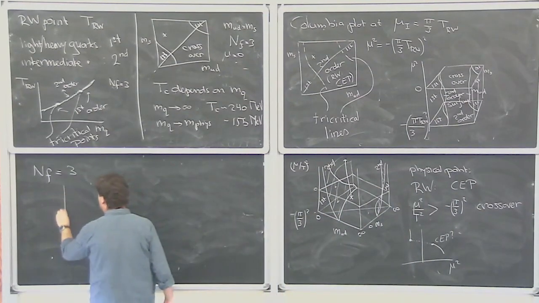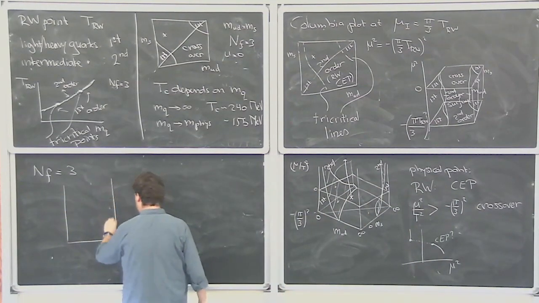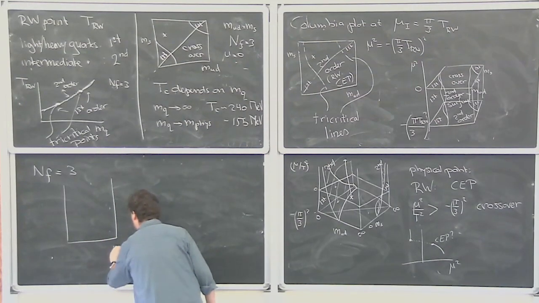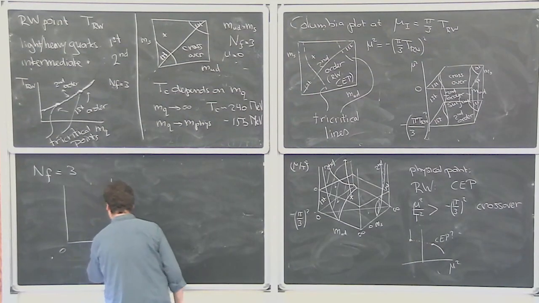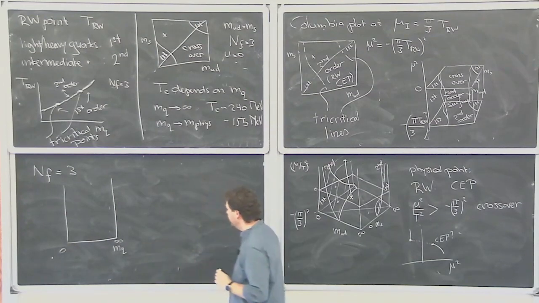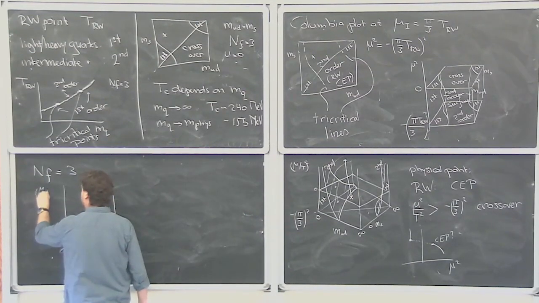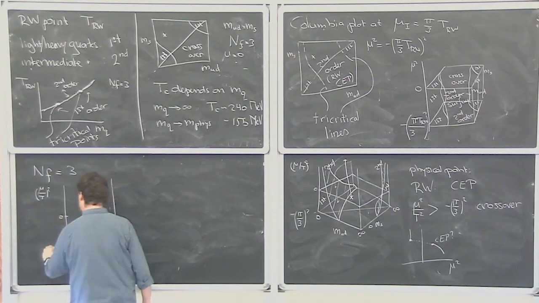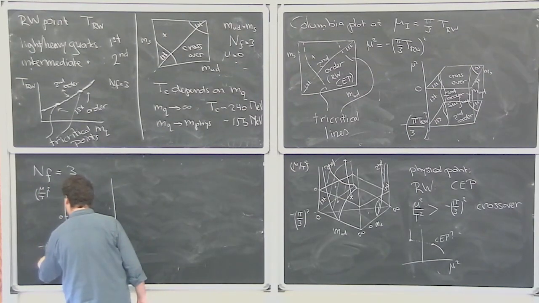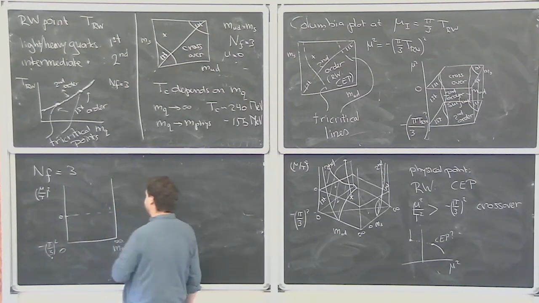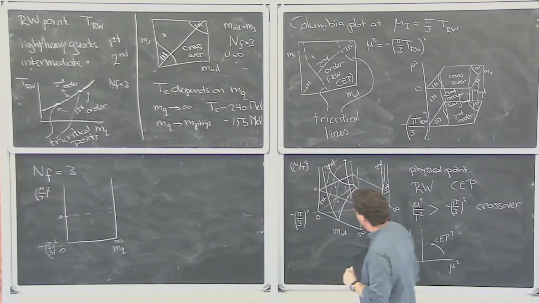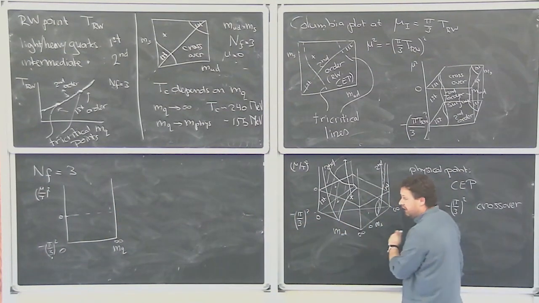So what does it look like? Something like this. This is the quark mass from 0 to infinity. And this is, say, mu over T squared. This is 0. This is minus pi over 3 squared. And so if I go through this plane in this way, what do I encounter?